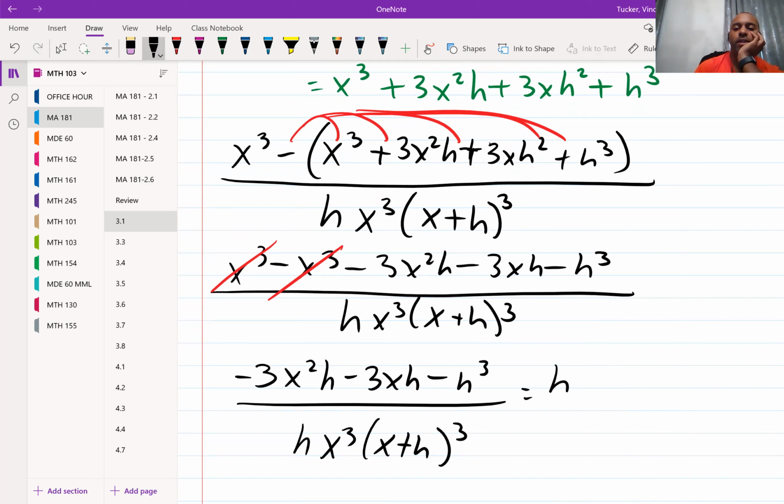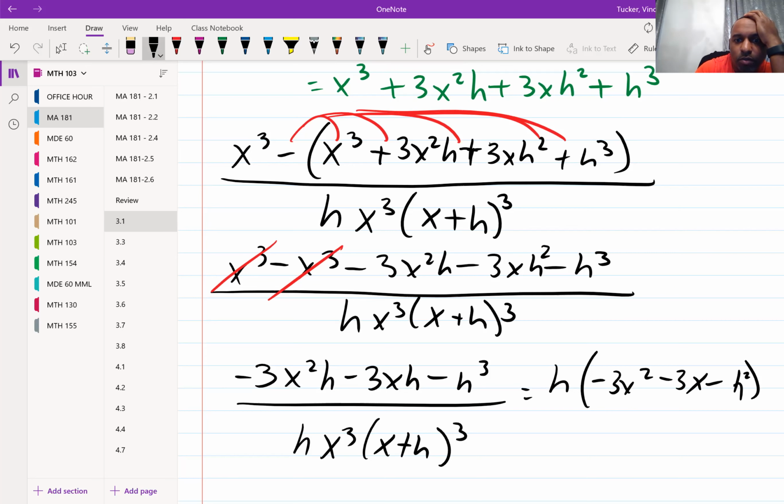A more efficient way of writing it is just to factor out that h. All right, hold up. Let me make sure I'm not losing anything. And yep, I thought so.